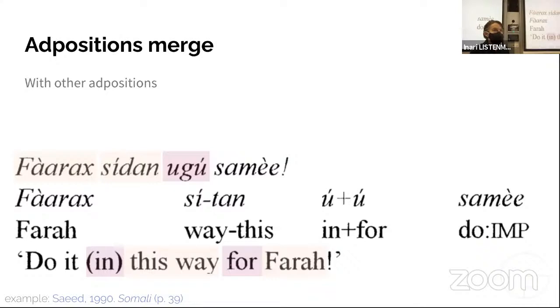But these adpositions merge with other adpositions. Here in English, we have two prepositional phrases, in this way and for finger. But in Somali, we have this way and finger as independent noun phrases, and the two adpositions u and u are merged into one orthographic word, ugu.